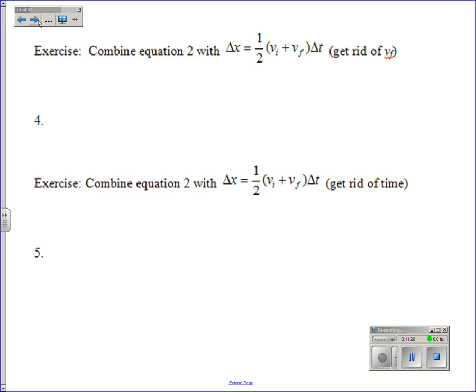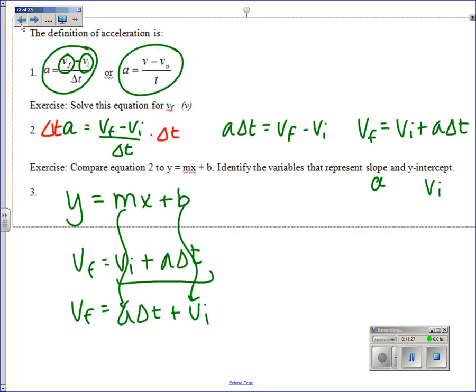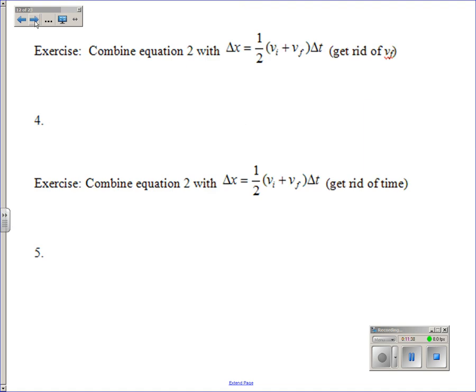The exercise next is to combine equation 2 with 1/2 vi plus vf delta t. So equation 2 is this one, vf equals vi plus a delta t. So what I'm going to do is I'm going to take vi plus a delta t, and I'm going to substitute it right in there, and then I'm going to simplify.